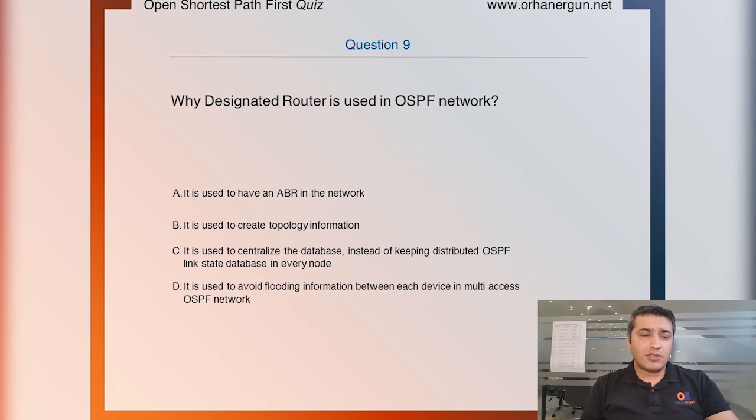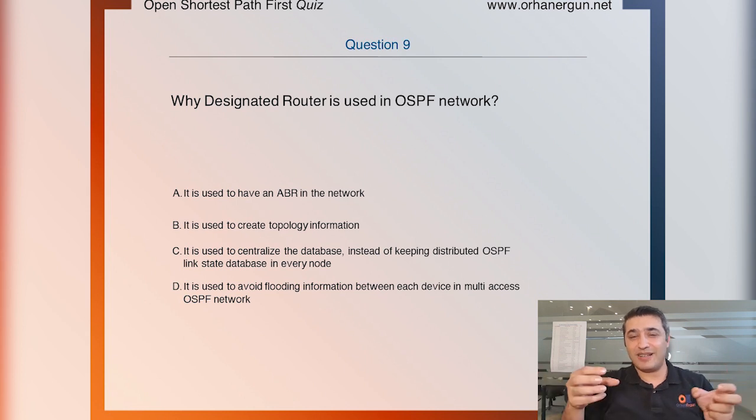Why is a designated router used in an OSPF network? So let's have a look at the options. It is used to have an ABR in the network. No, you don't have to have a multi-area OSPF design. Even in a single, just backbone area, you can have a DR, designated router. It is used to create topology information. You cannot prevent topology information in OSPF anyway.